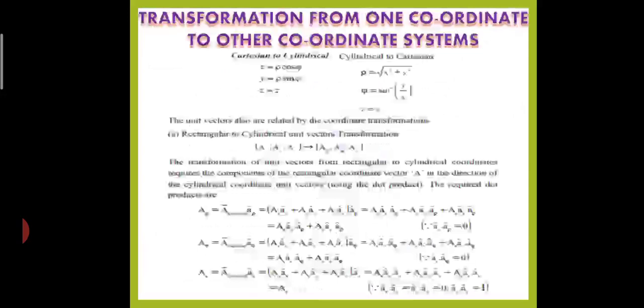The required dot product is A dot a rho, which is equal to Ax ax plus Ay ay plus Az az, dotted with a rho. That gives Ax ax dot a rho, plus Ay ay dot a rho, plus Az az dot a rho. The final equation is Ax ax dot a rho plus Ay ay dot a rho, because az dot a rho is equal to 0. In this way we can calculate a phi and a z.